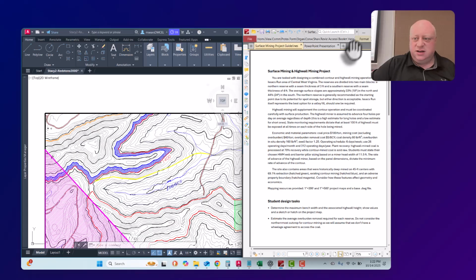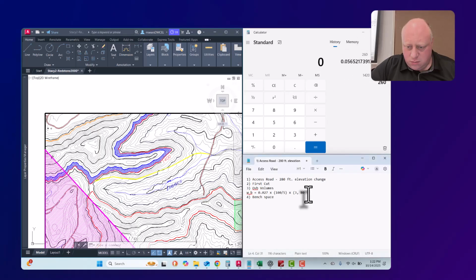I usually tend to go towards 80 instead of 85 because that's more likely a number you would see for metallurgical coal as opposed to steam coal with a higher ash product, which weighs more. So multiply that by 80.